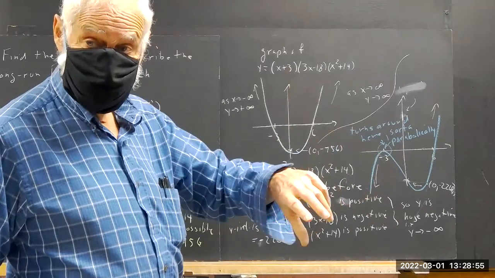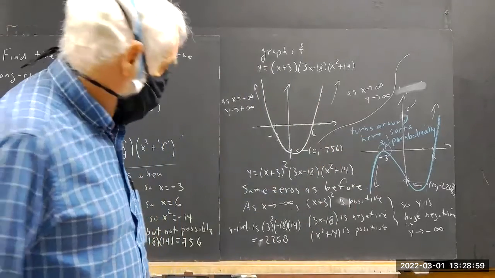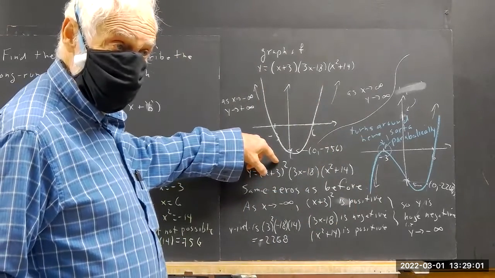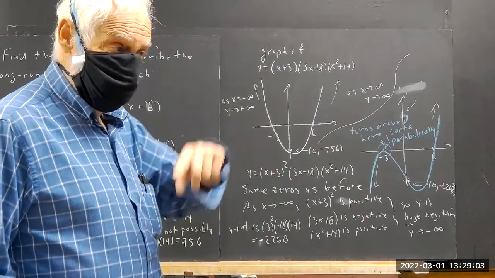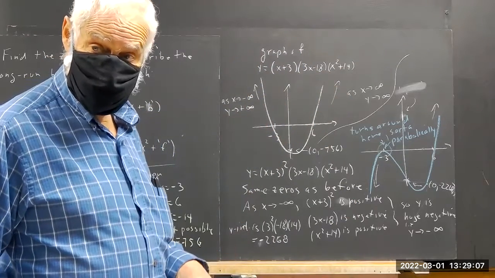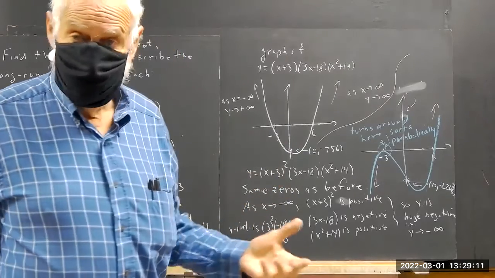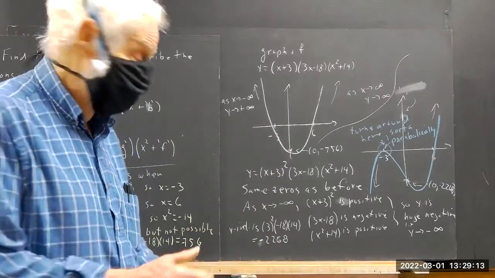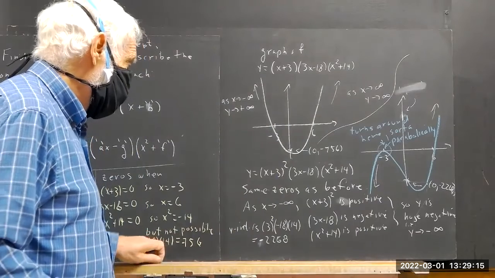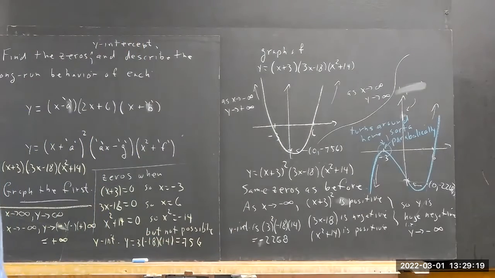It may be reflected. It acts like a vertically stretched x squared graph. If it was cubed here, it would act like a vertically stretched cube graph, which is like this. Okay? And of course, everybody should have a clear picture of what the x cubed graph looks like. So you're going to see that. Okay.